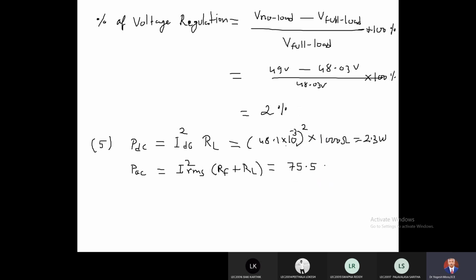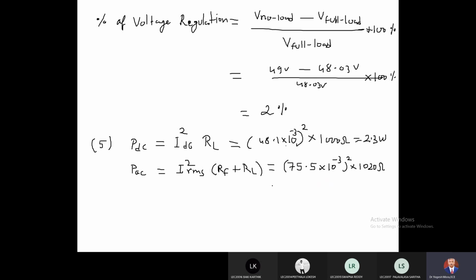It is in milliampere, so I will write it in ampere, 10 to the power minus 3, whole square multiplied by RF plus RL. RF is 20 ohm, RL is 1000 ohm, so it is 1020 ohm.